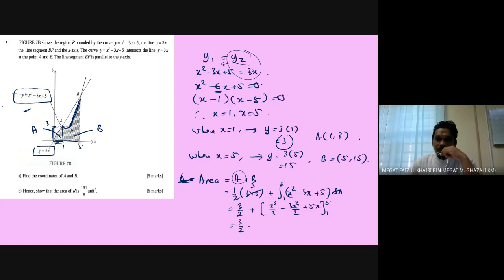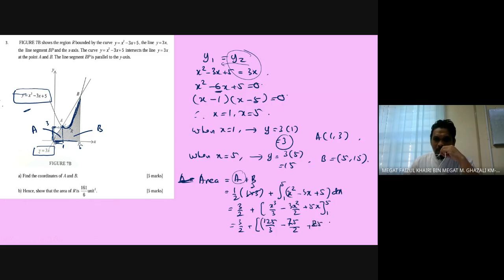Okay, so 3 over 2 plus, substitute x with 5. 5 cubed, 5 squared, 25 times 5, 125 divided by 3 minus 5 squared is 25, 25 times 3, 75 over 2 plus 5 times 5, 25.